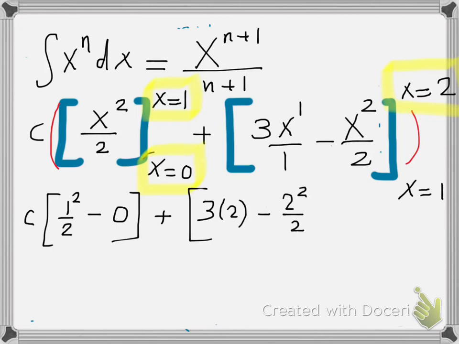Now we have already finished with the first limit, the upper limit. Now we will do the same thing with the second value of x, x equal to 1. So we will put in this expression x equal to 1. So 3 times 1 minus 1 squared by 2.